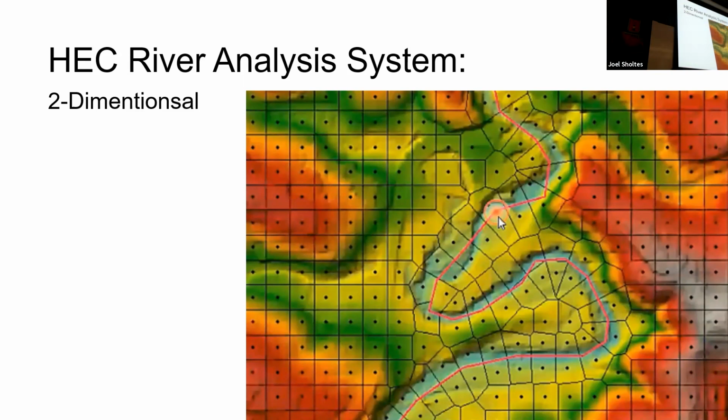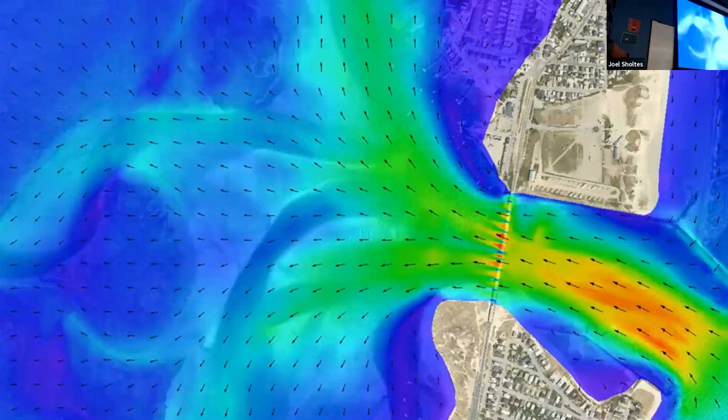And this is where we're going to discretize the landscape, or the topography, into cells. And each cell can then have a flow depth, velocity, etc. And water can go in any direction that the equations determine it would go. With two-dimensional model output, we can track flow lines.